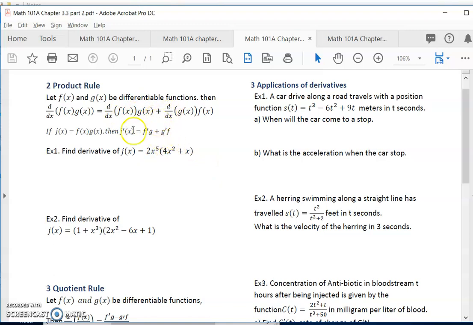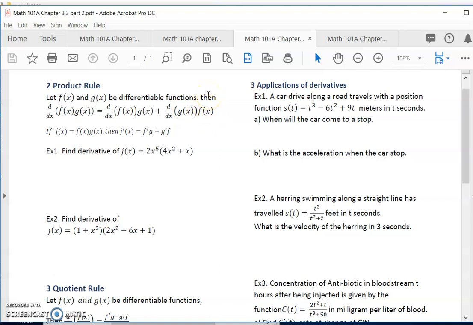Instead, if you look at the book, they actually prove that the derivative of two things multiplied together is the derivative of the first one times the second expression, plus the derivative of the second one times the original first factor.